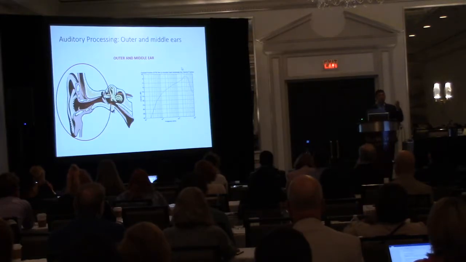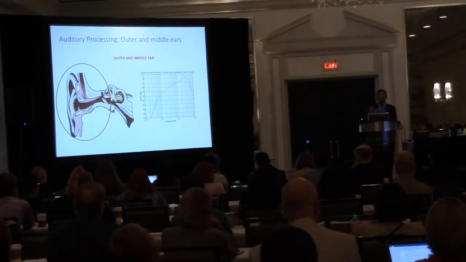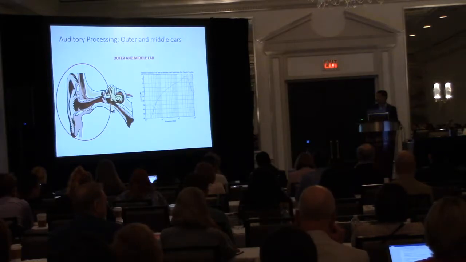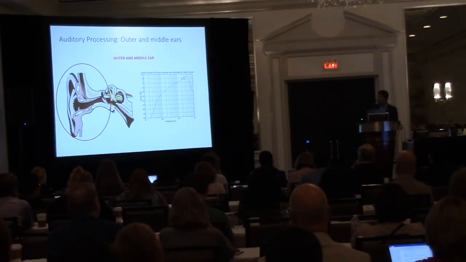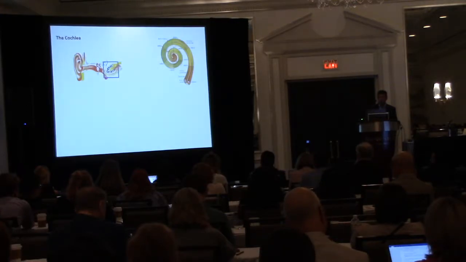So if you ever had your hearing checked and you go to an audiologist, the audiologist is looking to see if your hearing is showing a notch at 4000 hertz. That's one of the earliest signs of a noise-induced hearing loss. And part of that reason is because that frequency is very close to where your middle and outer ear resonance is. That's where you see the impact very early on.